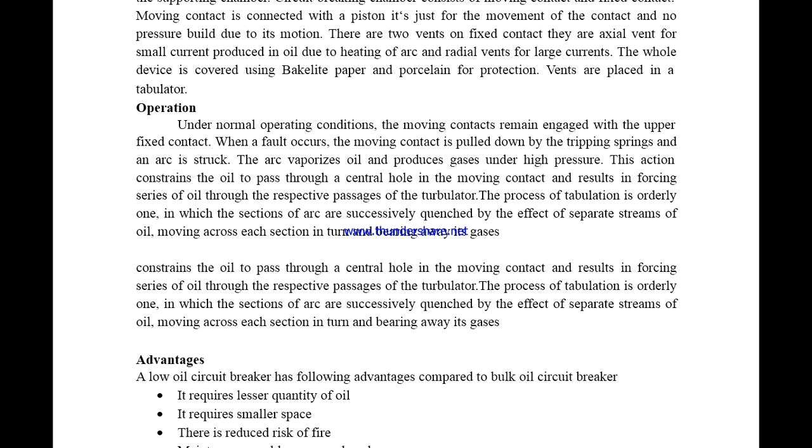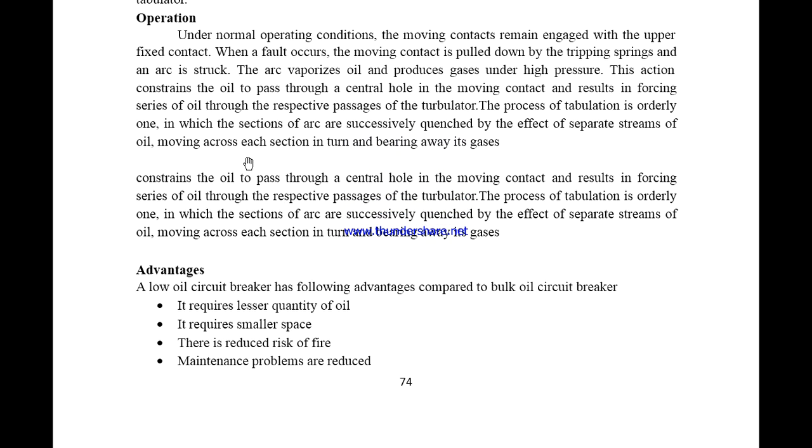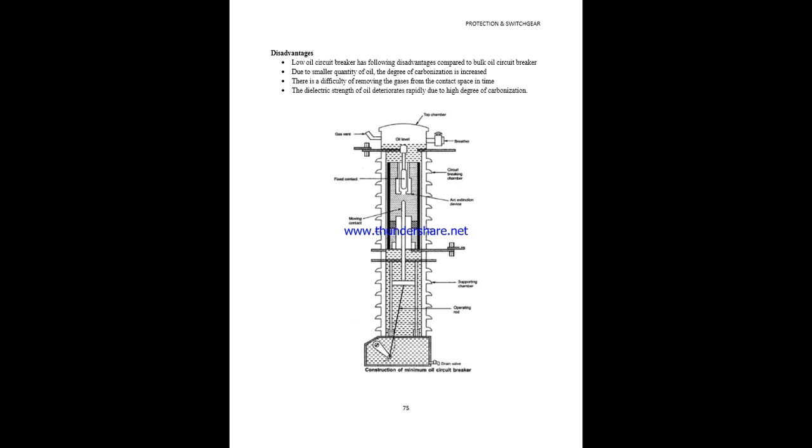The process of turbulation is an orderly one, in which the sections of the arc are successively pinched by the effect of the separate streams of oil moving across each section and bearing away its gases. So the advantages are that it requires a lesser quantity of oil, requires small space, has reduced risk of fire, and maintenance problems are reduced.